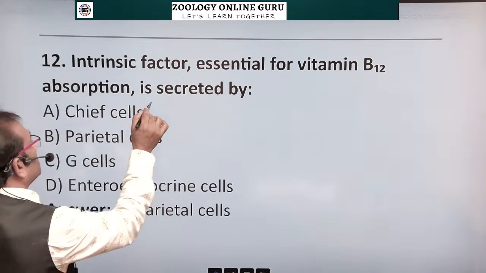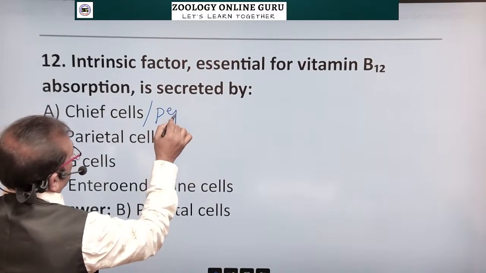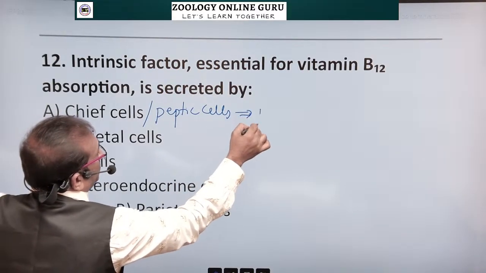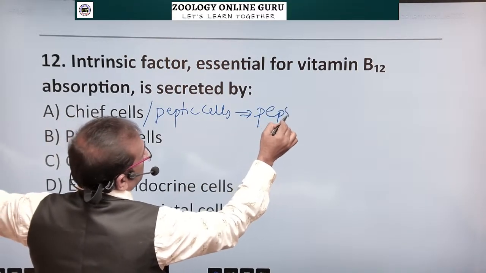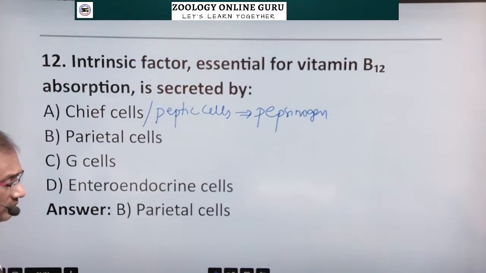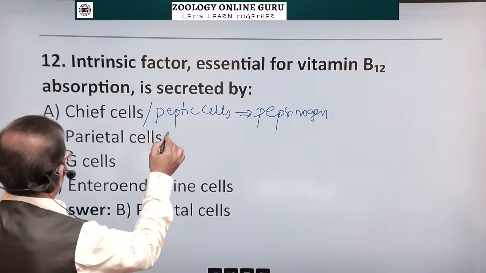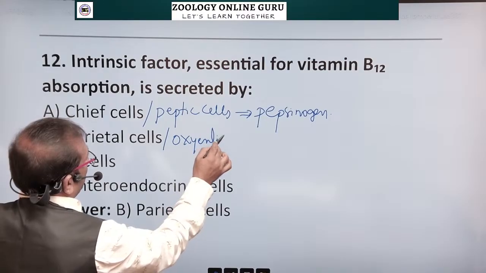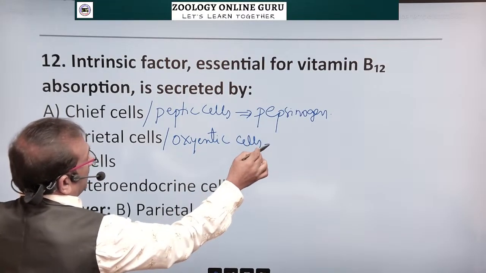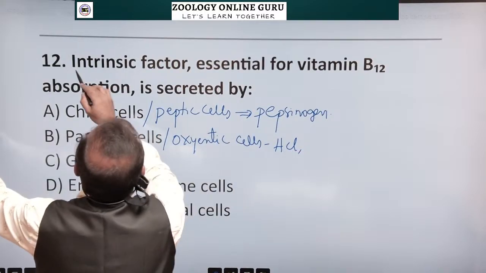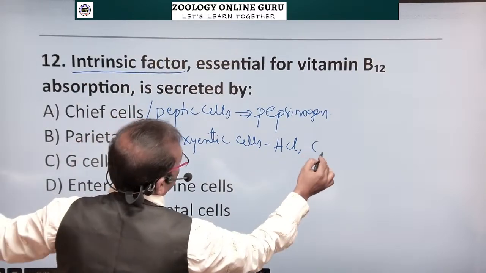The second one, parietal cells, also known as oxyntic cells, release HCl and Castle's intrinsic factor.